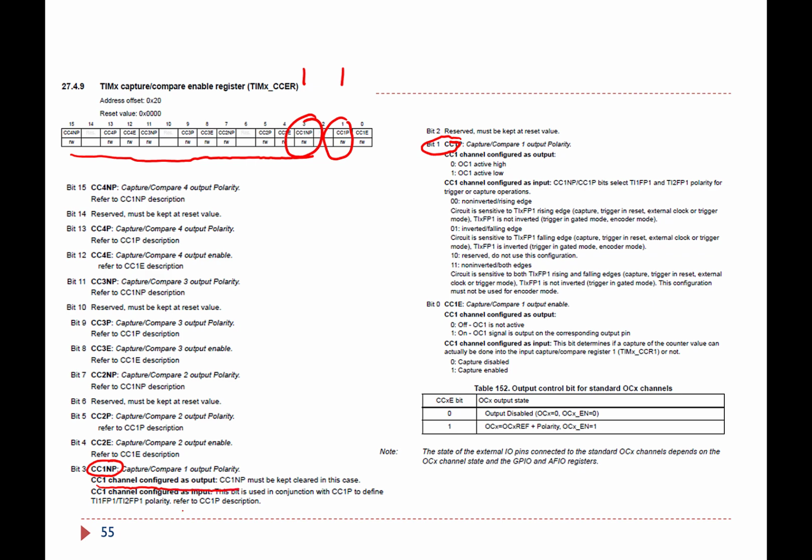It says CC1 channel configured as output. This is basically the output polarity, and what we see here is it shows a couple of things.